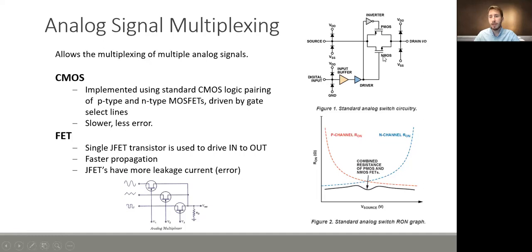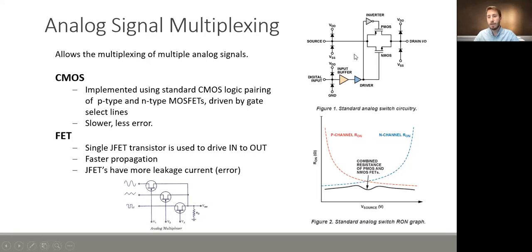So we use the P-type and the N-type transistor in a pair here. And how it works is this is our digital input, and these inputs have to be referenced. Transistors are very tricky, and I found this out when trying to do simulations, of making sure all your voltages are referenced correctly with regard to your gate, your source, and your drain.